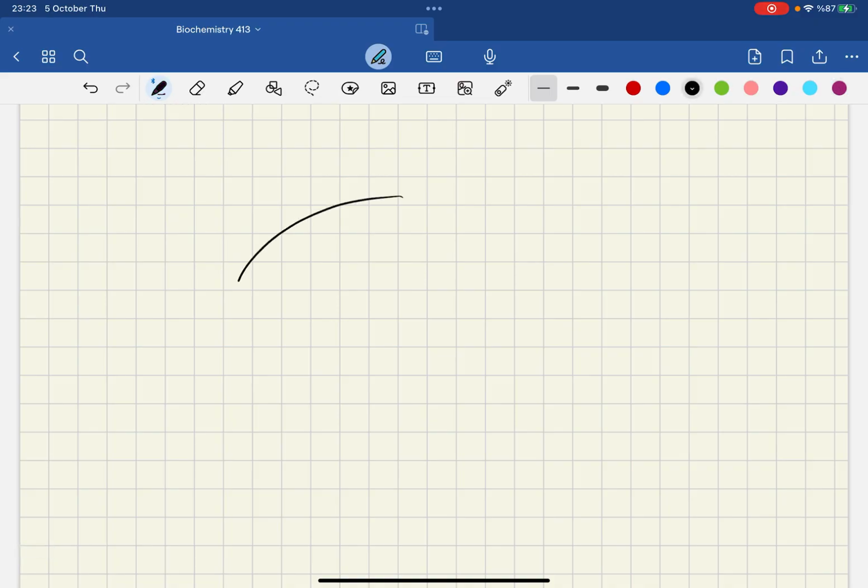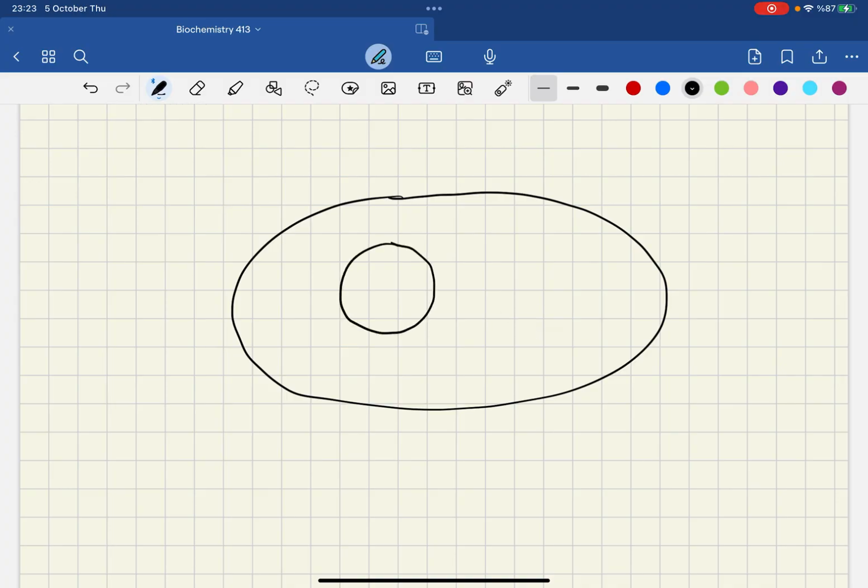Now, let me just draw a membrane. Here we are going to fill out all the information, all the organelles and all the things that are inside of this cell. First of all, we have a nucleus, right? As we just discussed. This is our nucleus. And inside, we have something else, another little sphere.